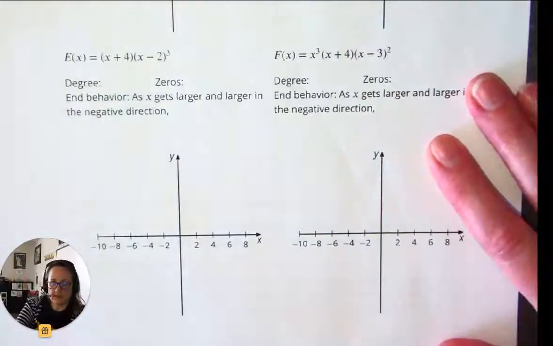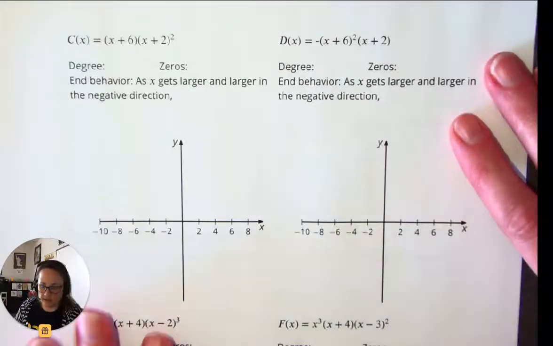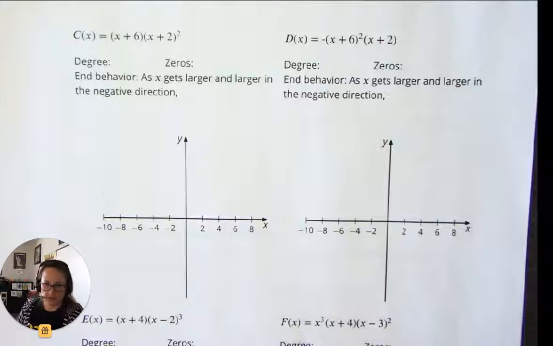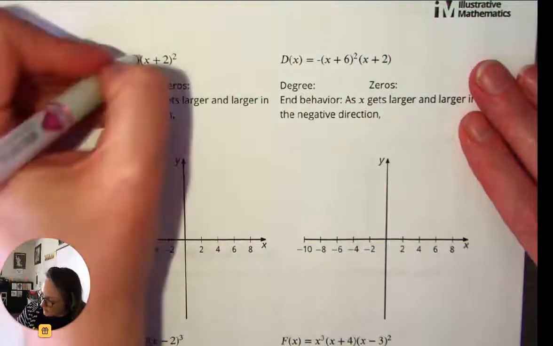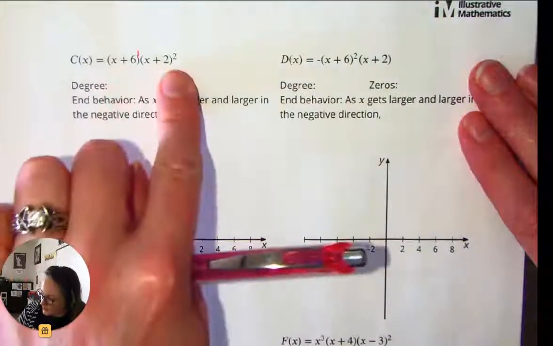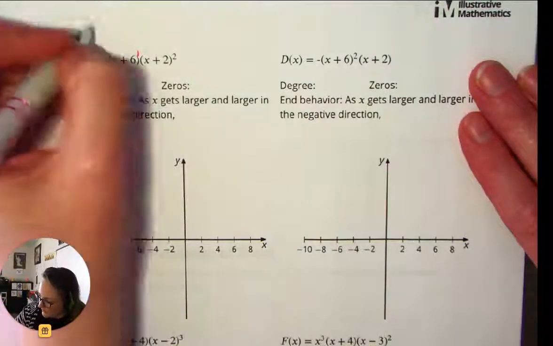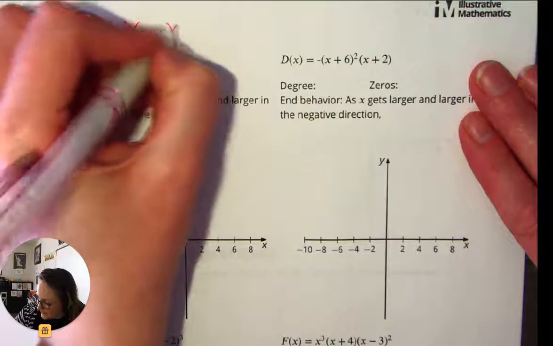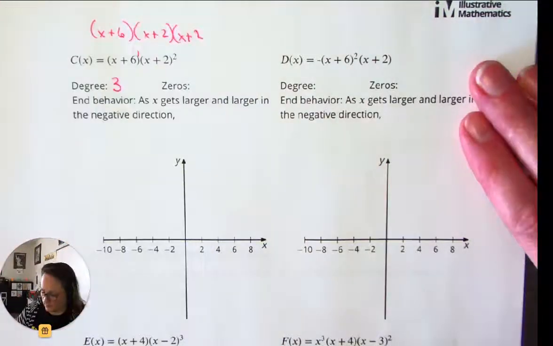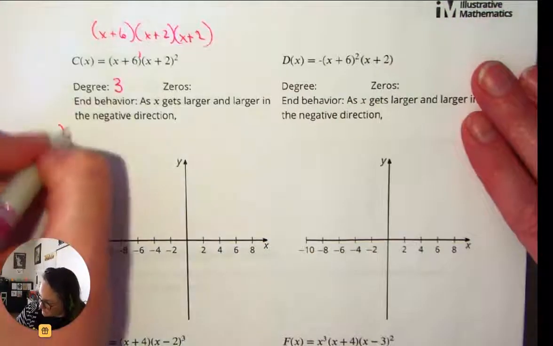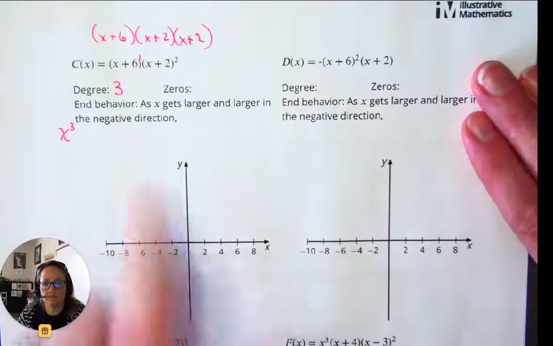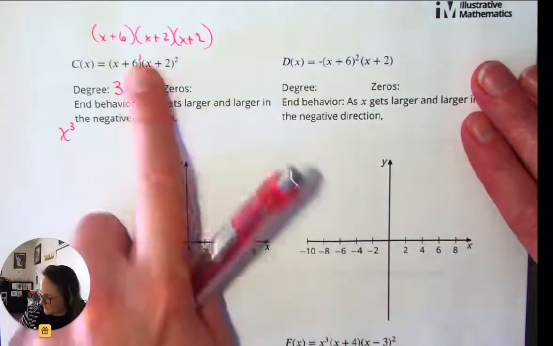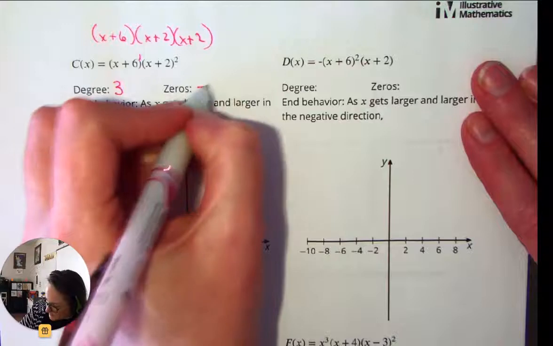Lots of practices here. Whole page full of practices. So we're going to keep on following each of these things. I'm going to keep on going just a little bit faster each time. Degree of 1 and 2, third degree. Zeros happening at -6.